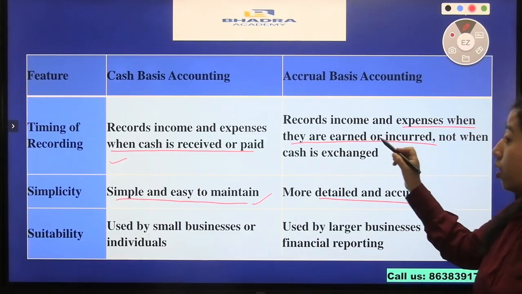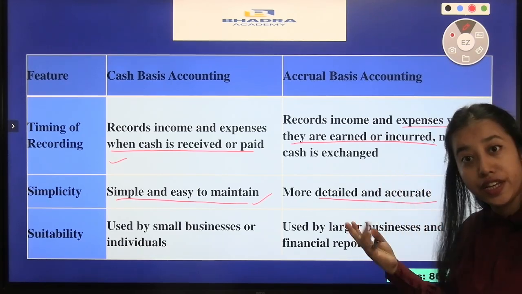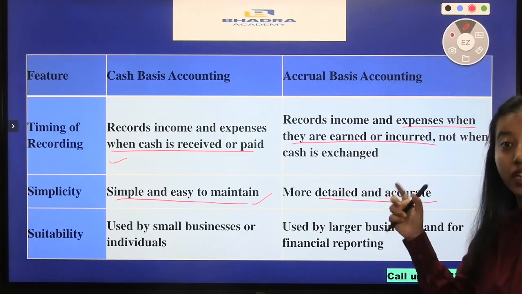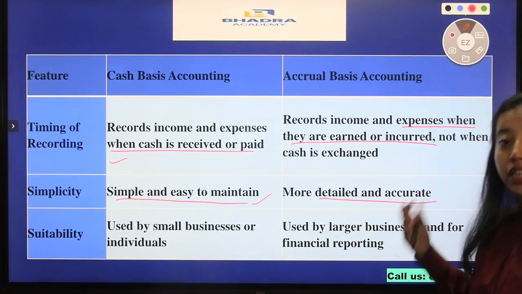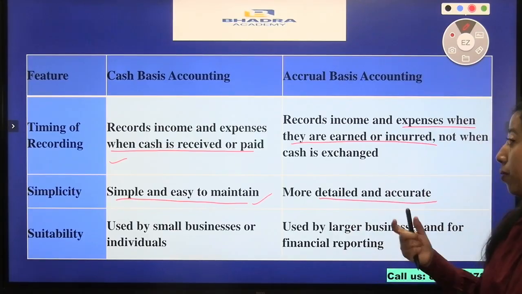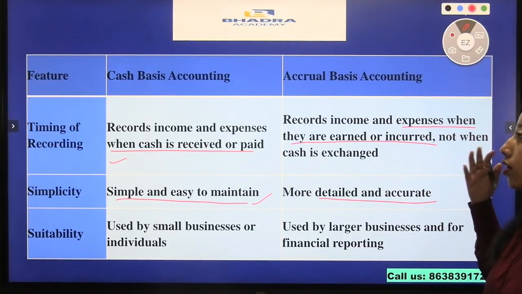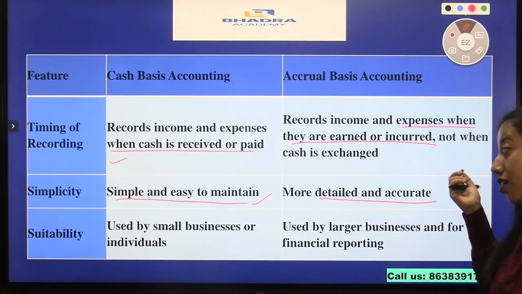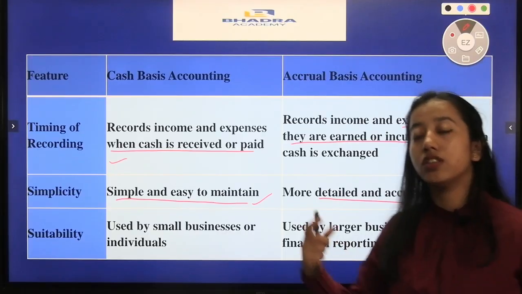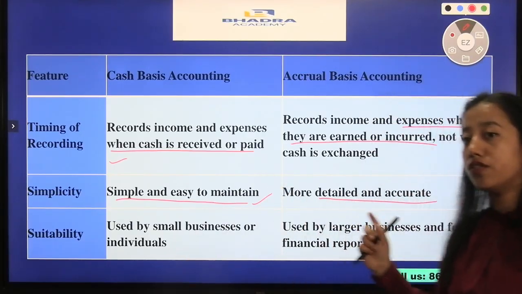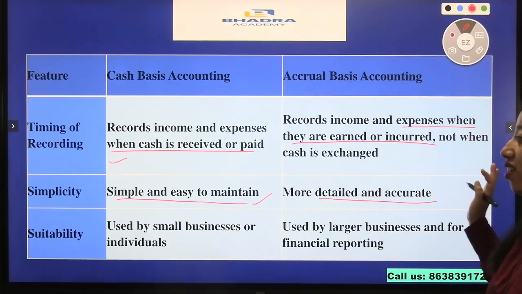Because some incomes may not be received yet, so that becomes an outstanding income. And some expenditure like outstanding salaries is incurred but the cash doesn't go out yet. Those kinds of transactions have to be recorded in more detail and accuracy.